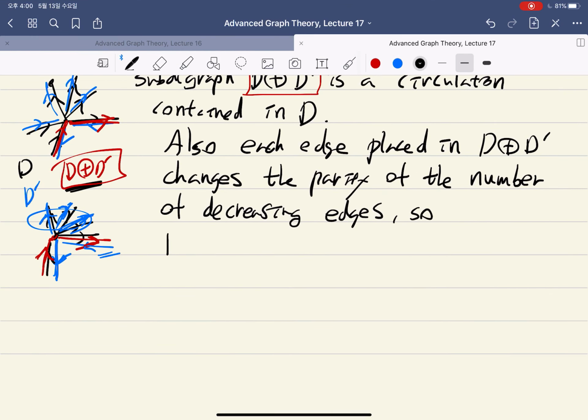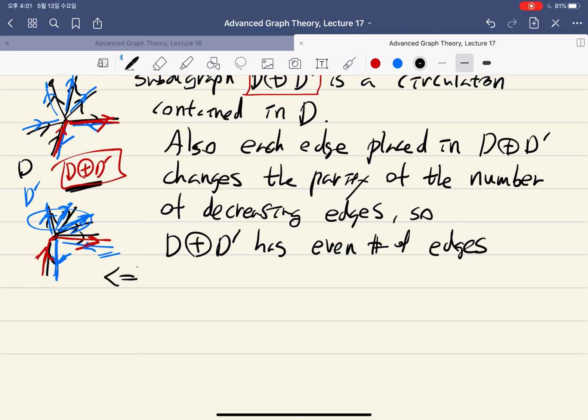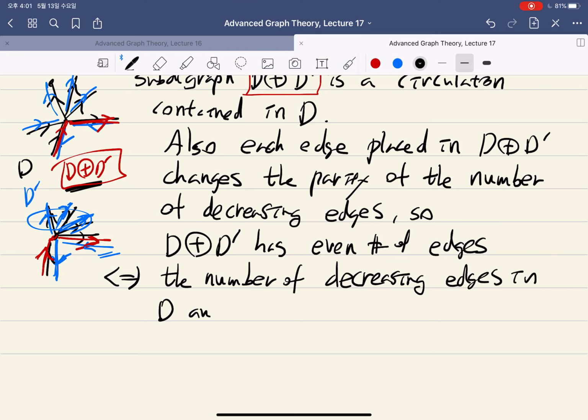So if this has an even number of edges, then it's if and only if the number of decreasing edges in D and D prime has the same parity.